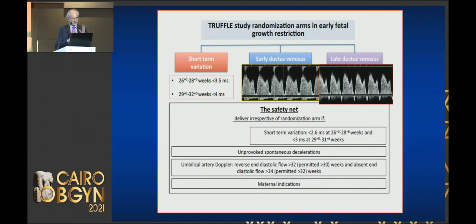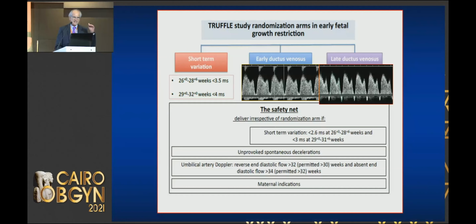Now, it's very important. The package for indications for delivery had a safety net as well, which was valid irrespective of randomization arm. And for the early ductus venosus group and late ductus venosus group, we had this safety net, which indicated delivery if short-term variation fell below 2.6 milliseconds between 26 and 28 weeks, and below 3 milliseconds between 29 and 32 weeks.